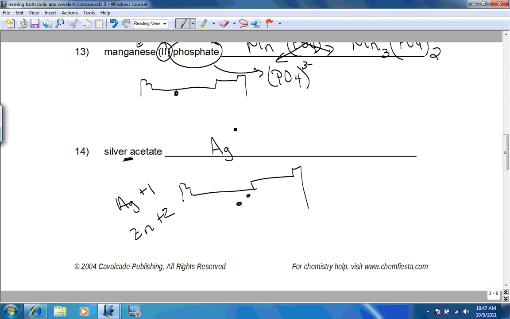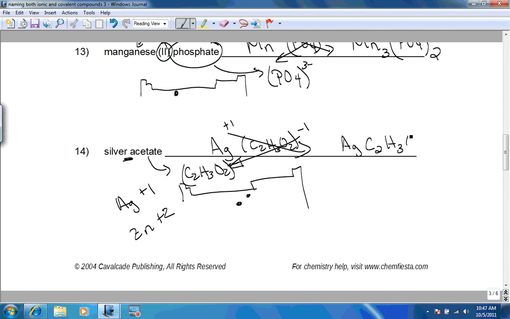So Ag has a plus 1 charge. Acetate is C2H3O2 with a minus 1 charge. So we're going to crisscross the 1 and 1, and because it's just 1 and 1, I'm not going to bother rewriting the parentheses or the 1s.